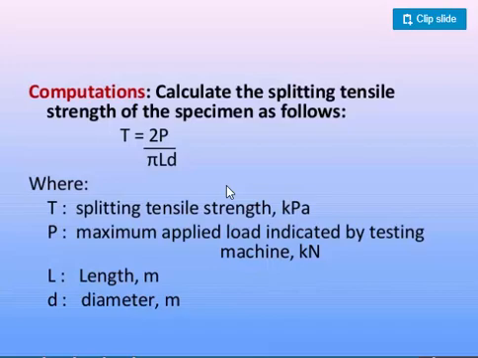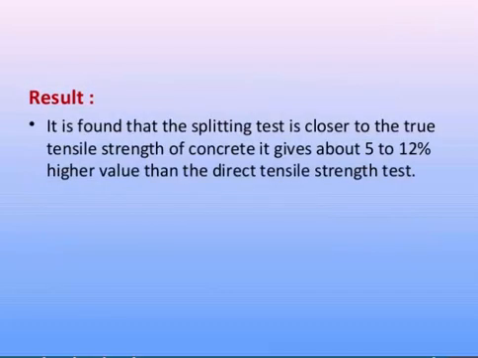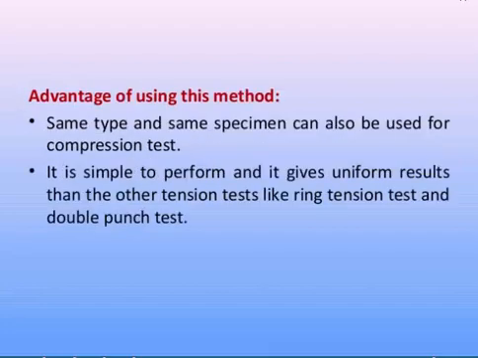The split tensile strength can be calculated by T equals 2P upon pi L D. So result, it is found that the split tensile strength is closer to the true tensile strength of concrete. It gives about 5 to 12% higher value than the direct tensile strength test. So this is the observation.